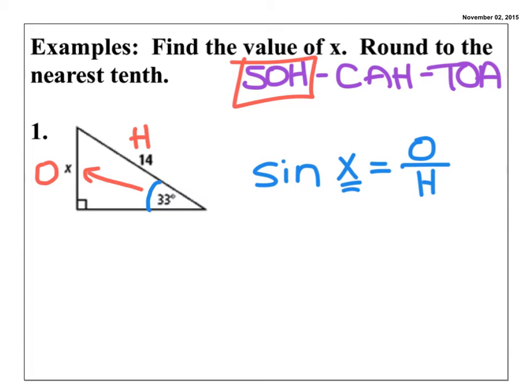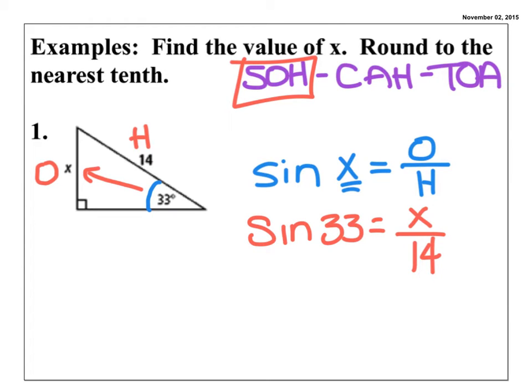So I have sine of 33, because my angle measure is 33 degrees, is equal to my opposite, which was x, over my hypotenuse, which was 14. All I did was take my three values and plug them appropriately into my equation. My angle measure went in for the angle, my opposite went in for the opposite, and my hypotenuse went in for the hypotenuse.